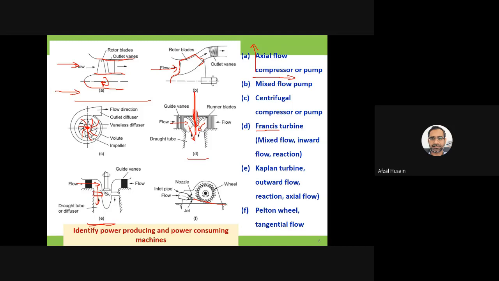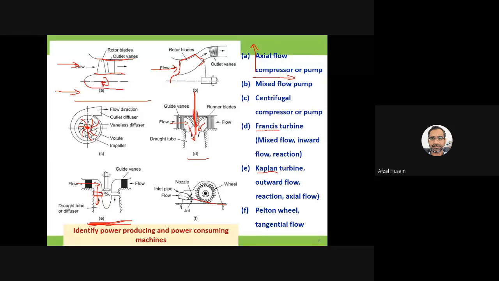Our concern is how the fluid is striking the blade and leaving the blade. And this machine was developed by a scientist whose name was Kaplan. So we call it the Kaplan turbine.